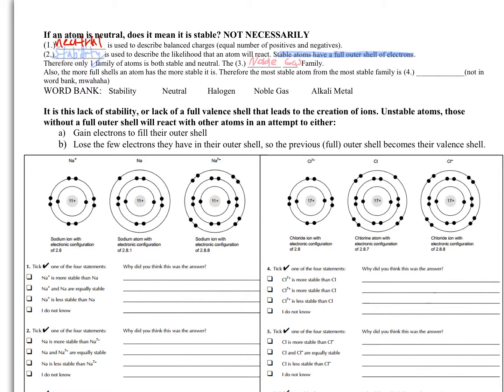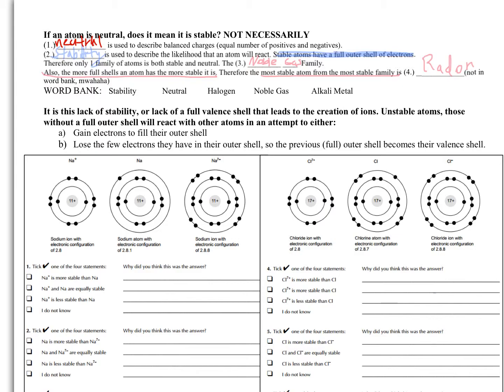Also, the more full shells an atom has, the more stable it is. Therefore, the most stable atom from the most stable family is, and yes, this one is not in your word bank, radon. It's in the most stable family and has the most shells.